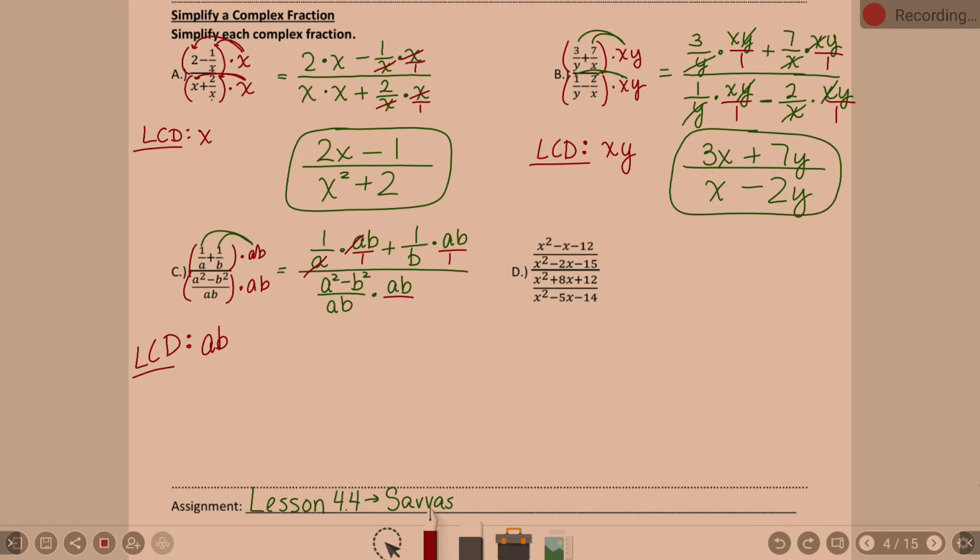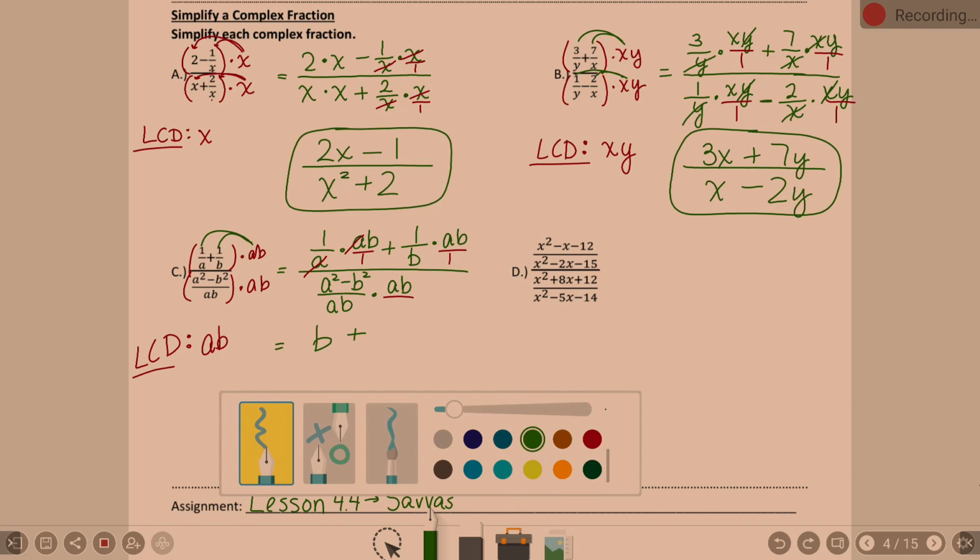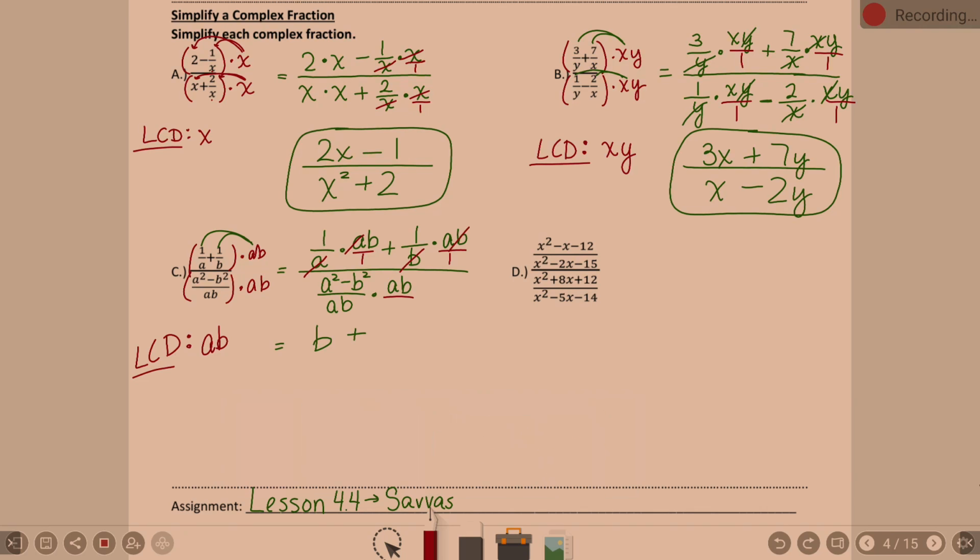So officially it's 1 times B over 1 times 1. All we have left is then B plus 1 over B times AB over 1. What cancels? B cancels with B, leaving me with A.